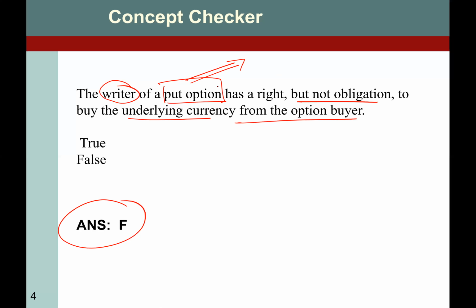Right? So put option means right to sell, right? So it will be, so wait. See, this is buy. Basically, put option we are sell. So that's why I'm confusing. So the writer is the seller. Yes. Okay.